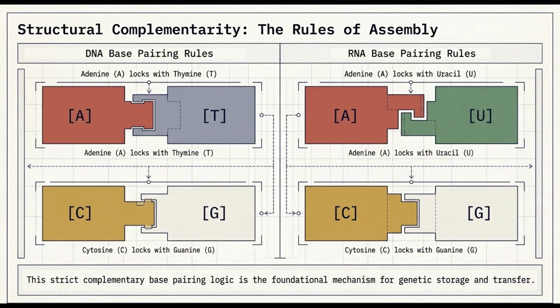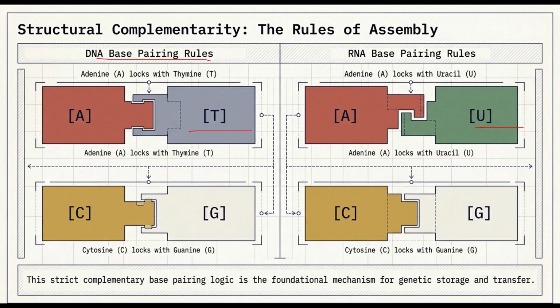Now let's see the difference between DNA and the RNA bases. So thymine is only found in DNA, whereas uracil is only found in RNA. So this difference helps distinguish DNA from RNA and support their different biological functions.